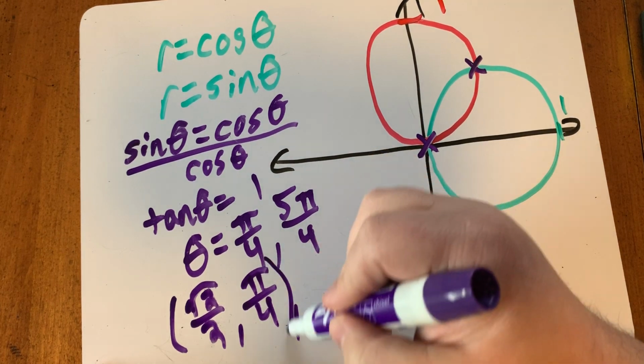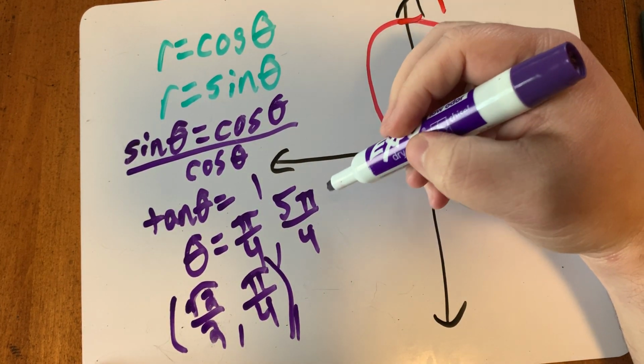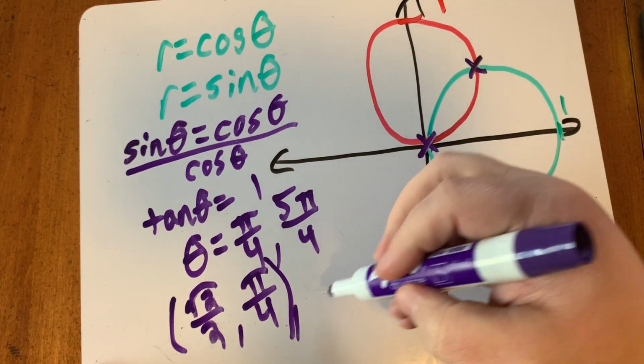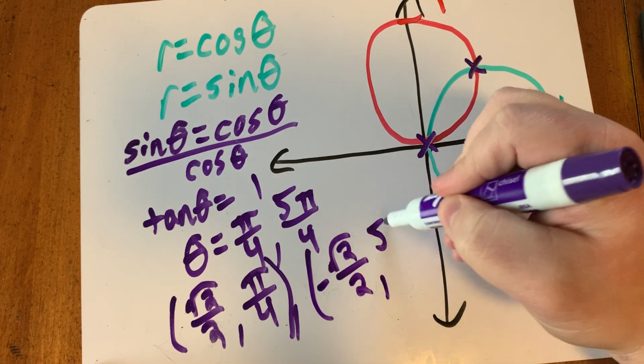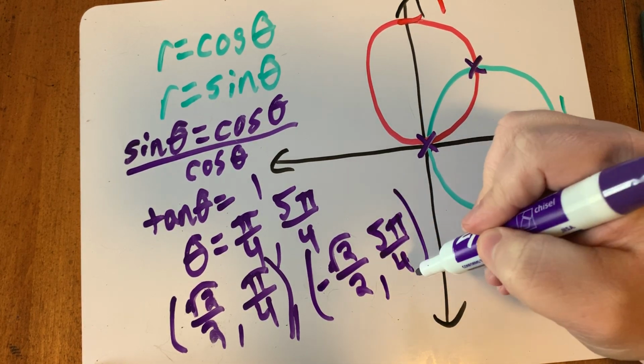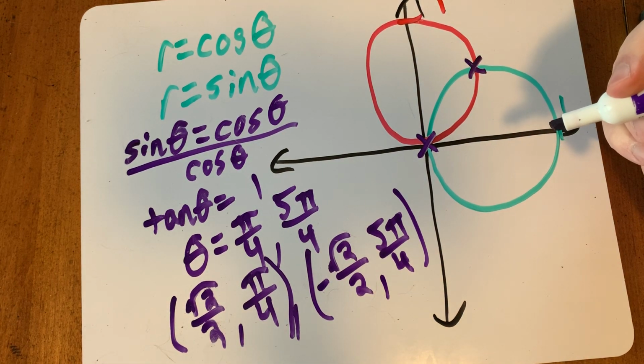So root 2 over 2 comma pi over 4, and cosine of 5 pi over 4 is negative root 2 over 2, 5 pi over 4. And both of these satisfy that equation as well.